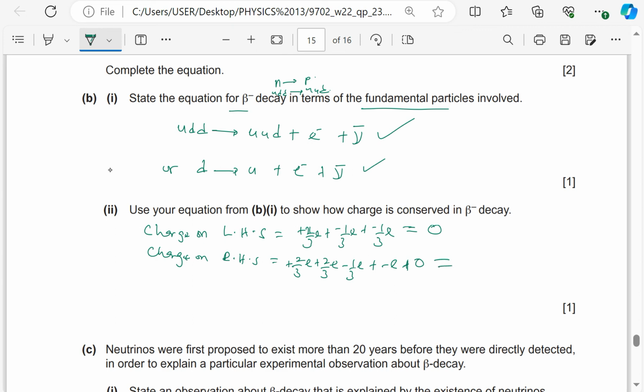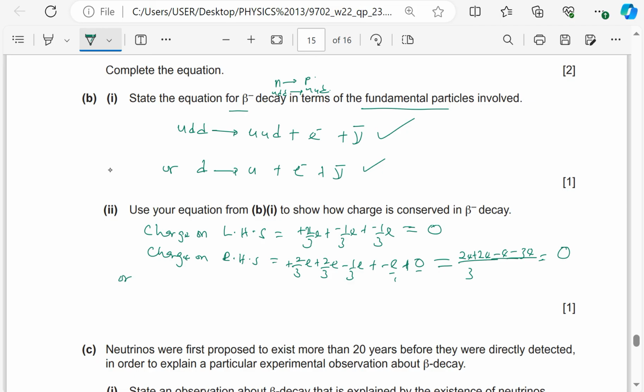This is 4 over 3e minus 1 over 3e minus e. Over 1, the LCM here is 3, so 2e plus 2e minus e minus 3e, which gives me 0, because it is 4e minus 4e over that, which is 0. So that means charge is conserved.